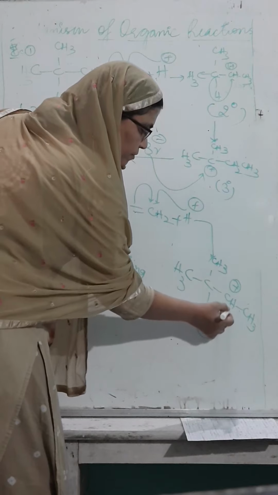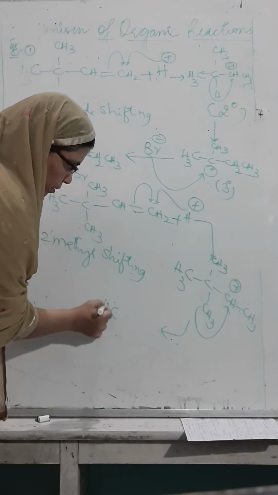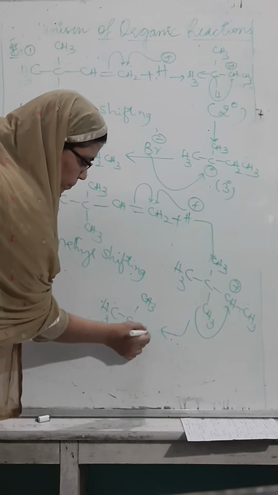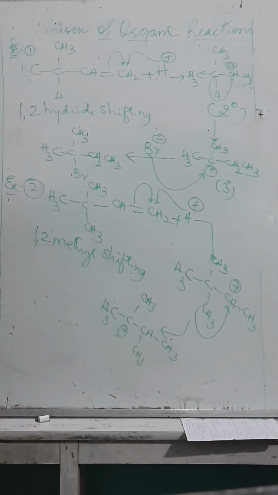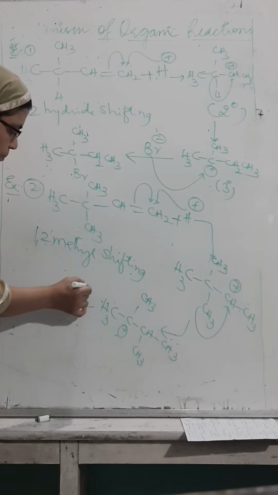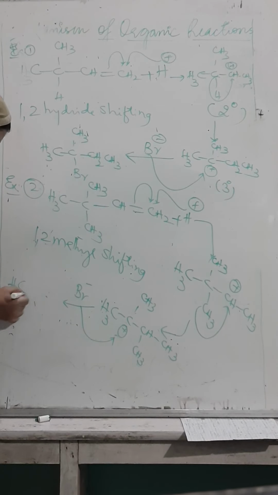Methyl shifting takes place to give a tertiary carbocation, CH3, CCH3 plus, CH, CH3 and CH3. How nicely they take place to get a more stable product. Every species wants to become stable in its life, either by shifting or by transferring.